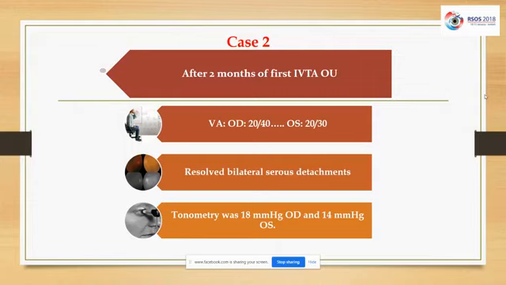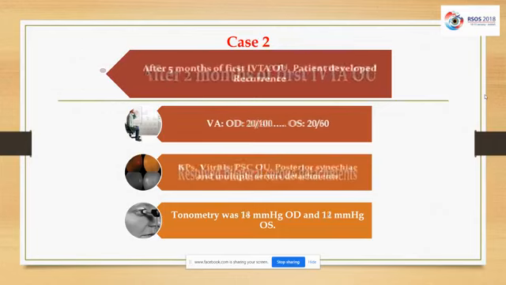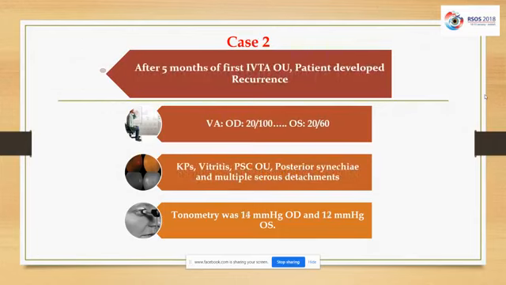At this time, Ozurdex was not available. The vision improved after 2 months to 40 in the right and 30 in the left, the serous detachment resolved in both eyes, and the pressure was normal in both eyes. After 5 months of the first injection, the patient developed recurrence again.